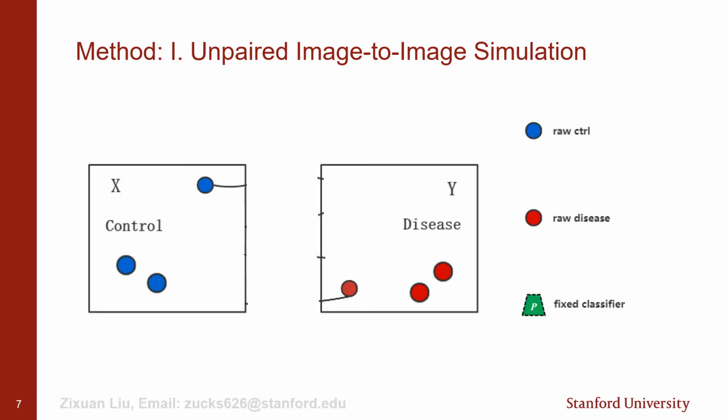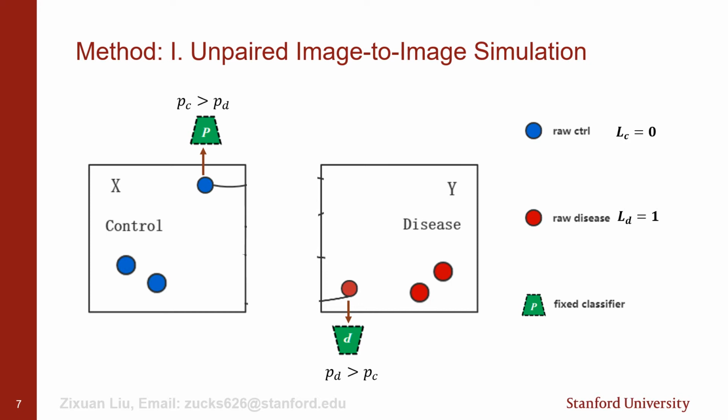Okay, in this framework, the first and core idea we use is unpaired image-to-image simulation. Suppose we have the raw control image and disease image cohorts, and a trained classifier. Note that for simplicity, we give the control cohort label 0 and the disease cohort label 1. Here, P_C larger than P_D means that the classifier considers the blue dot as control, and vice versa for the raw disease red dot.